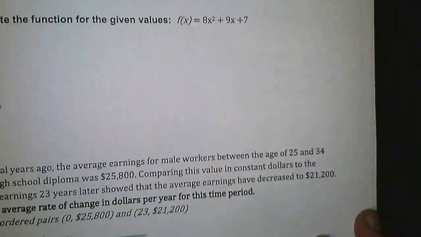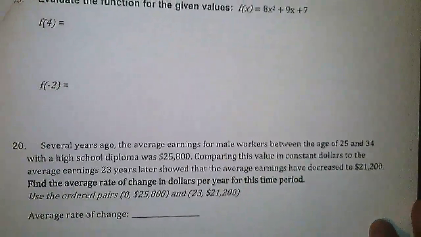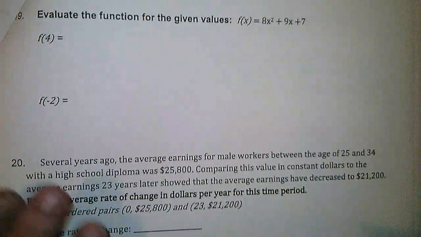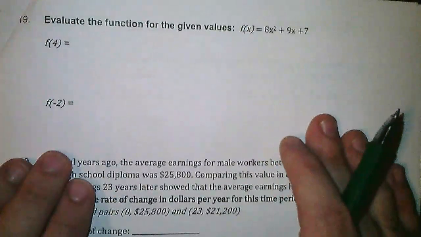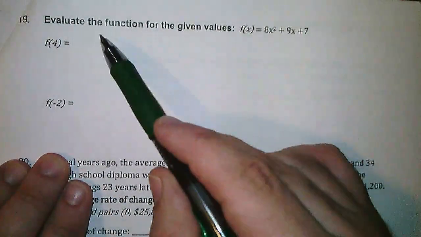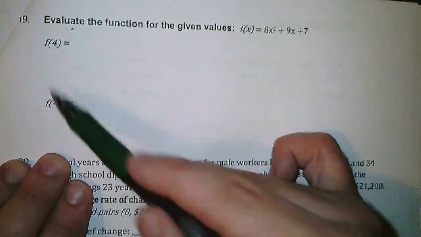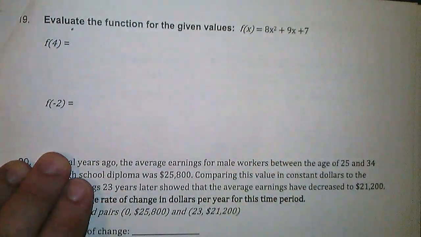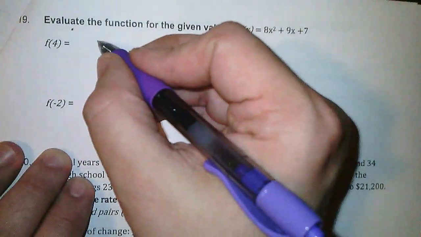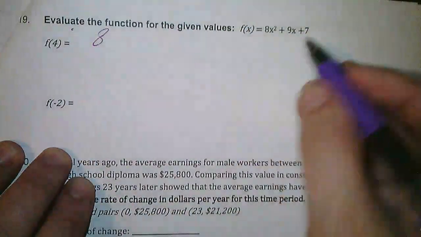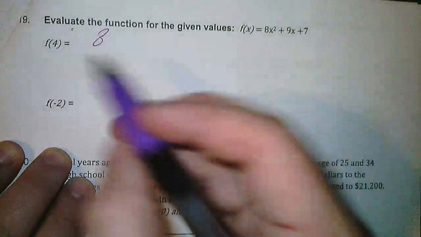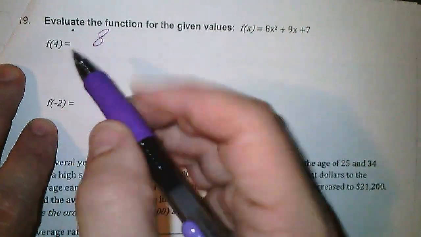A few ways we could solve number 19 here. We're given a function to evaluate at these given values. So we can take f of 4.